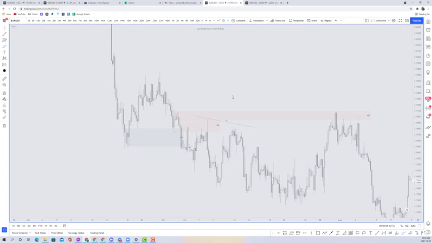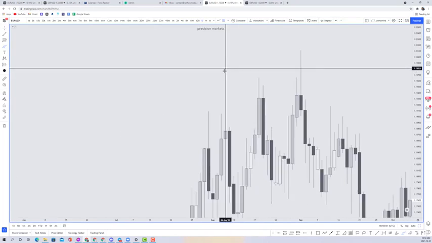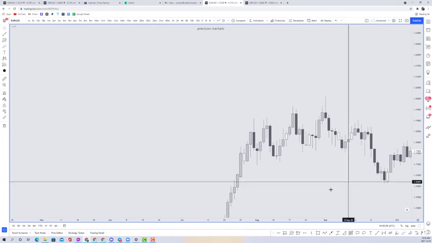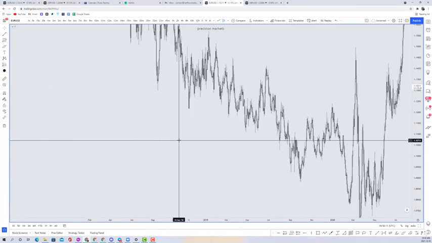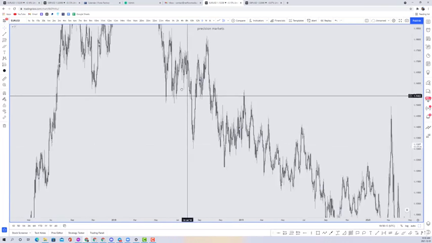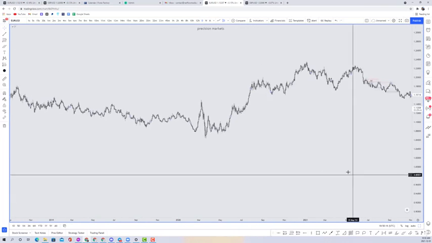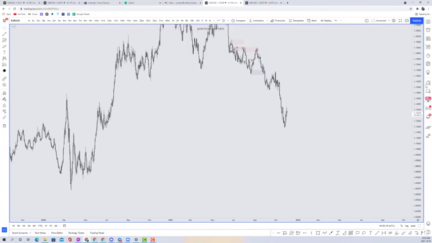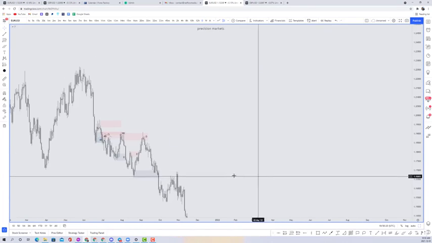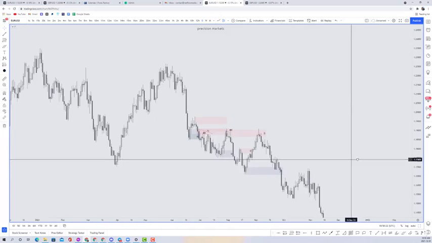I'm going to just go back to the daily here. And with a little bit of luck, all that stuff shows up here on our daily chart. I believe it did. Yeah, it did. So, okay.